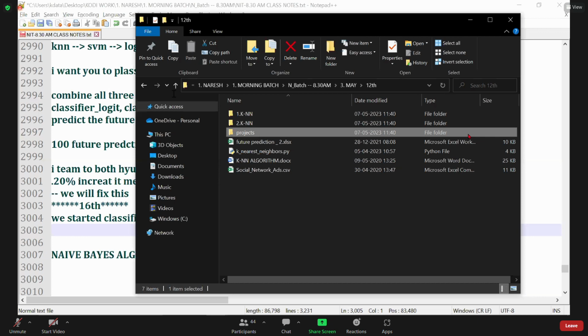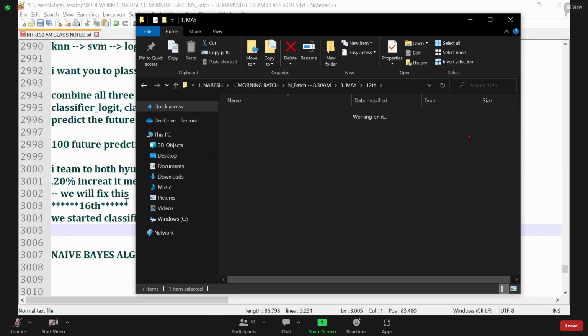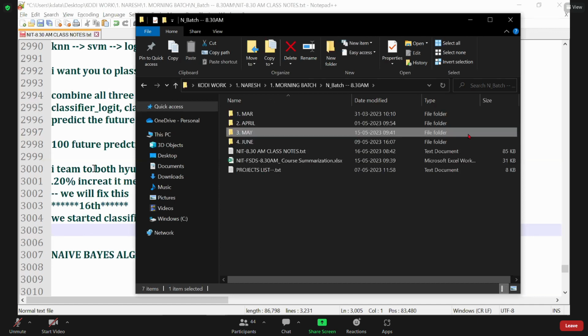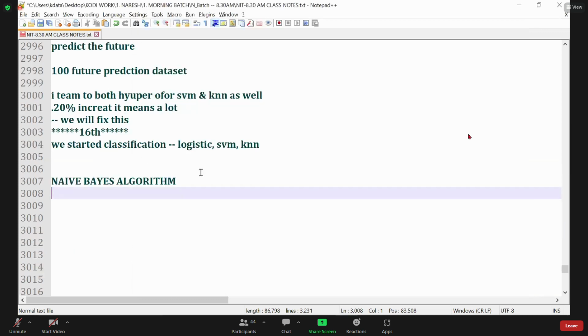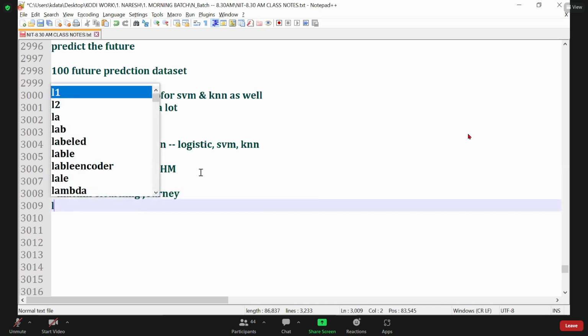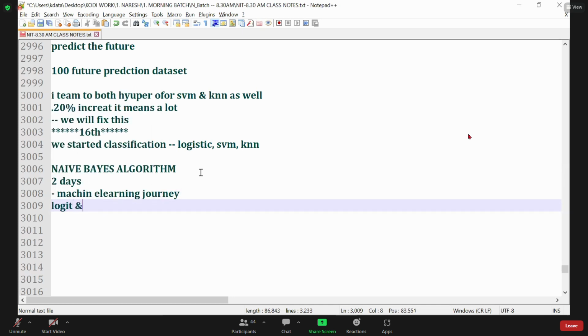All right, now let's start. I will explain the naive Bayes algorithm over two days, today and tomorrow. So the first things in the machine learning journey: logistic regression and naive Bayes algorithms.